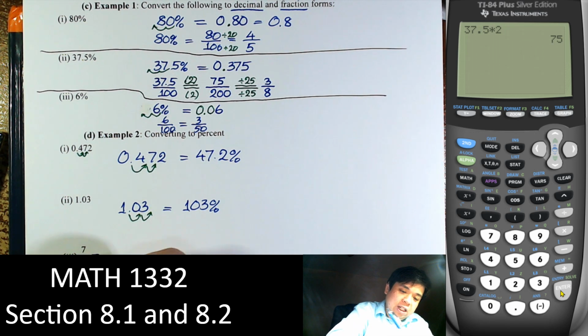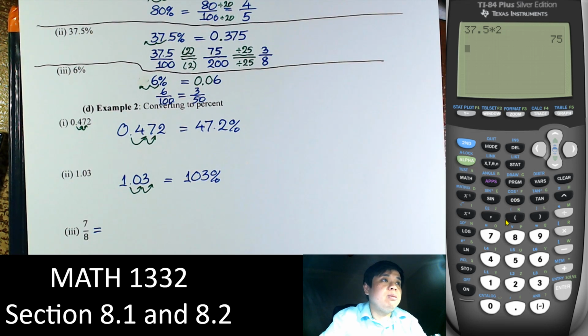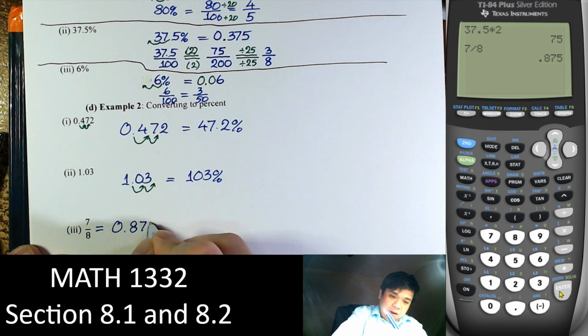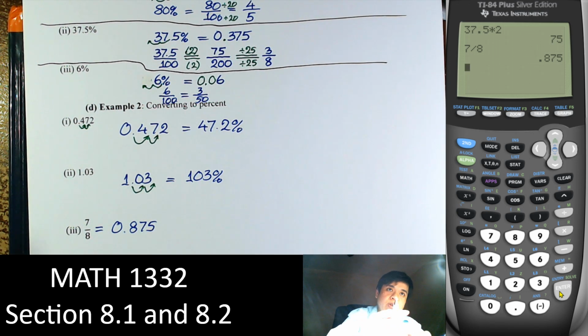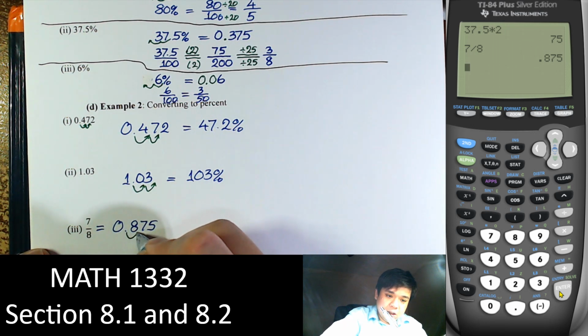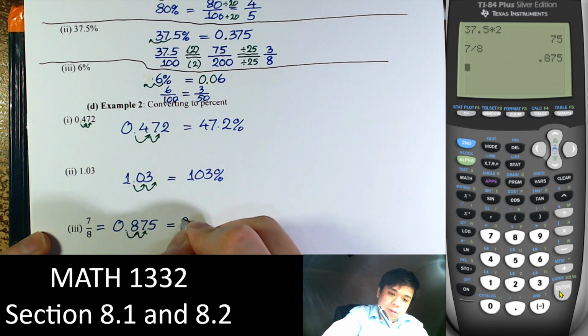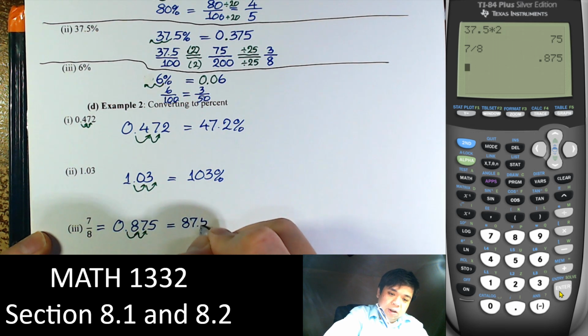And 7/8, if we just divide, we have 0.875, and then 2 places to the right, 87.5%.